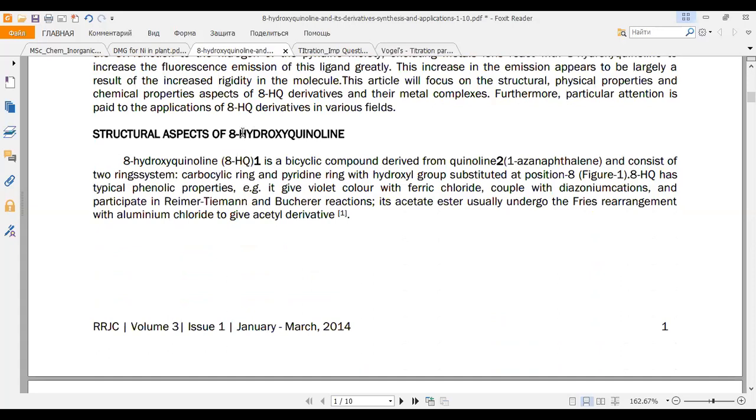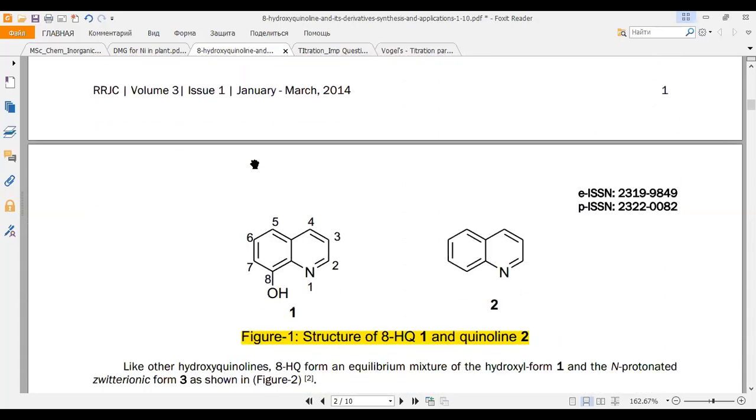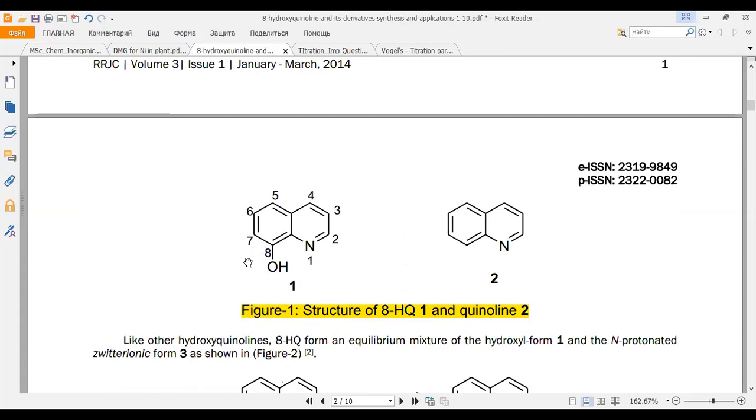Structure of 8-hydroxyquinoline or 8HQ. So this is the structure. On the left is the 8-hydroxyquinoline, and the structure number 2 is the quinoline. So this is quinoline, and to make 8-hydroxyquinoline, you put a hydroxide group on the 8th position, counting from nitrogen: 1, 2, 3, 4, 5, 6, 7, 8. So in the 8th position, you have the hydroxide group.